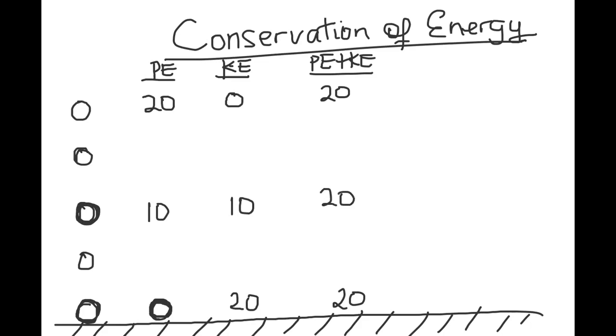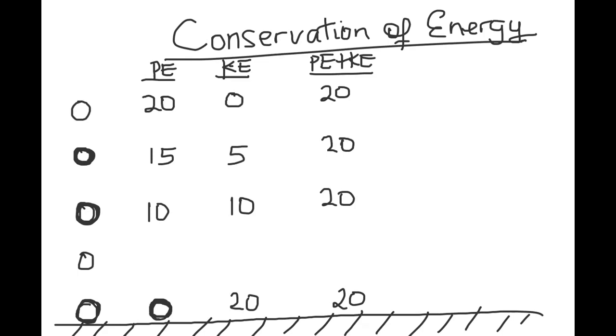Somewhere here, just after the first position, halfway between 10 and 20, the potential energy should be 15. And the kinetic energy has to be 5. So when we add 15 and 5, we get total energy of 20. So always 20.